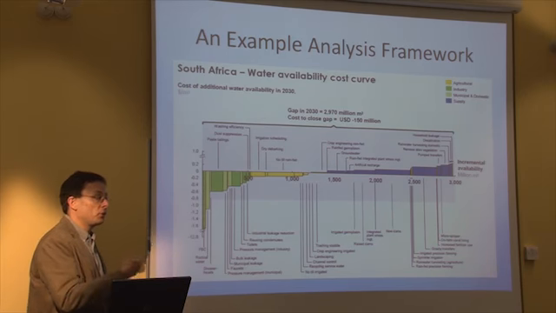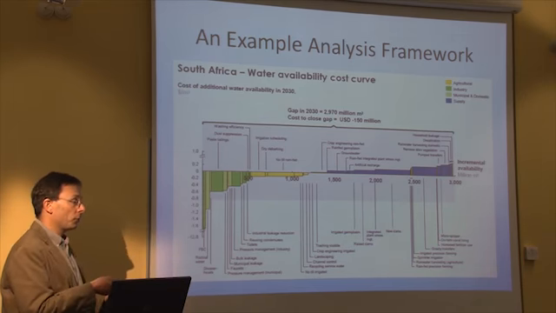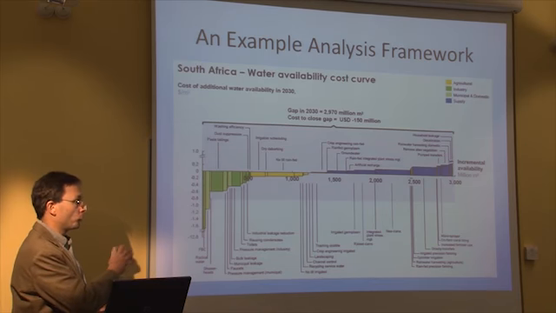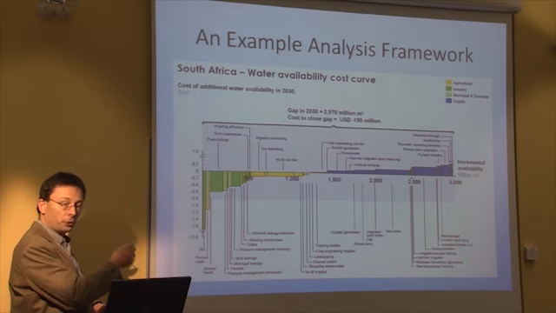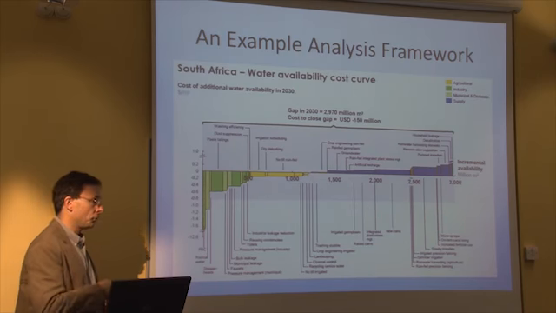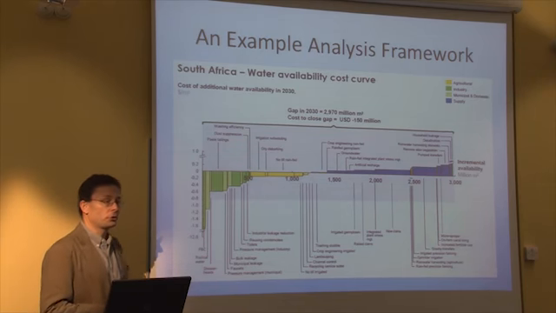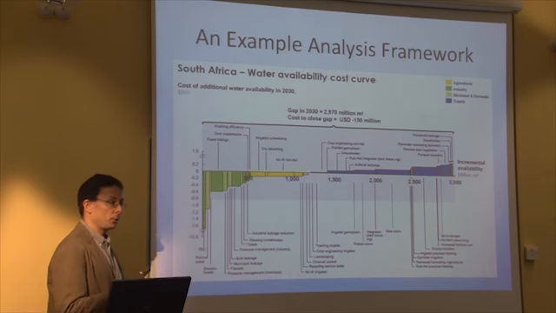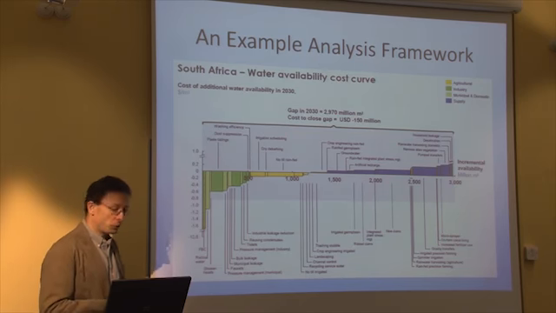Those are things that a decision maker may want to take into account when trying to decide which portfolio of options they actually go for to start narrowing that supply-demand gap. Because there's a mixture of economic and political and institutional considerations that one needs to weigh up in deciding what one uses.